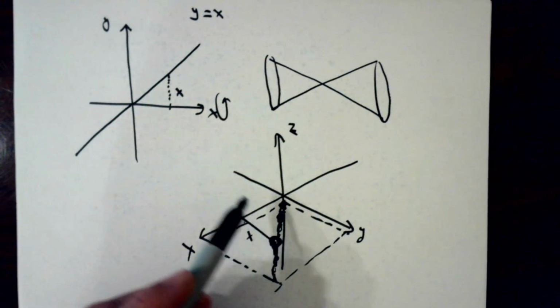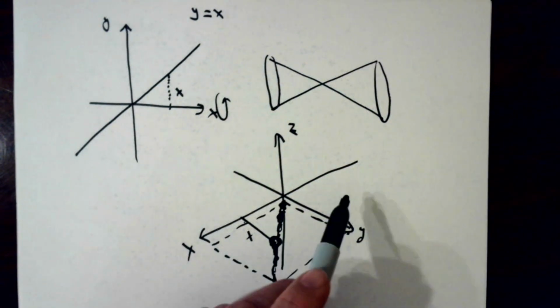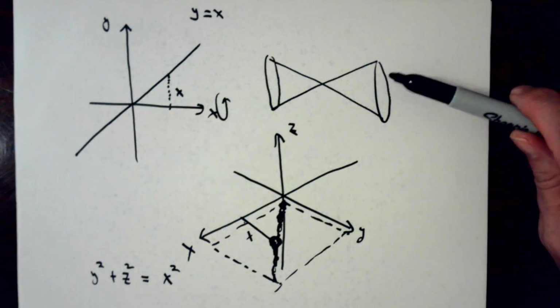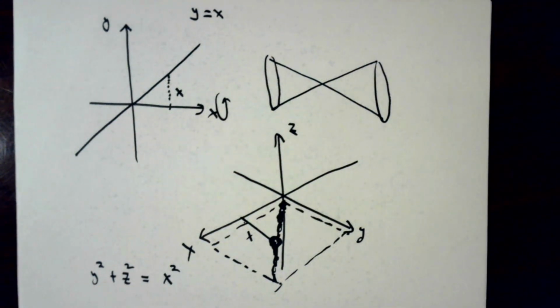This point goes around in a circle parallel to the YZ plane, so I can just write down the equation for this. The radius is either x or the negative of x, depending on the sign. Square that and you get x squared either way. The equation for this double cone is going to be y squared plus z squared equals x squared, and the axis of symmetry of it is going to be the x-axis.